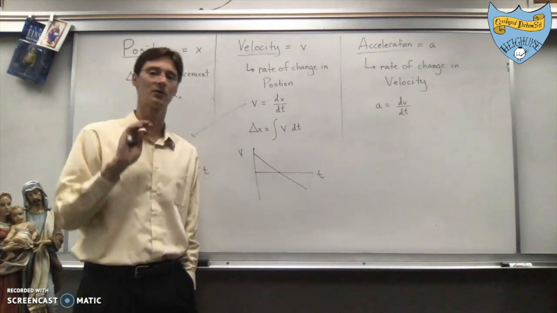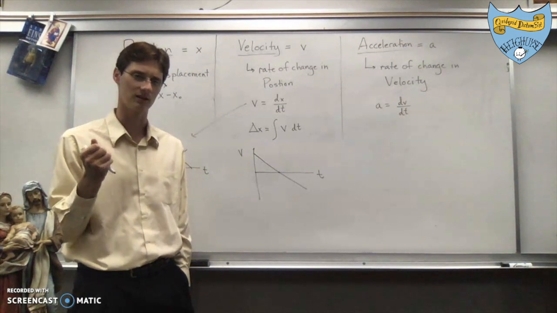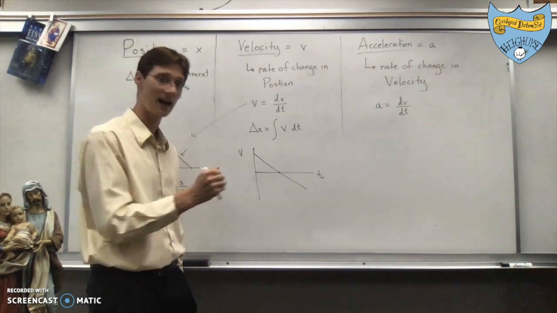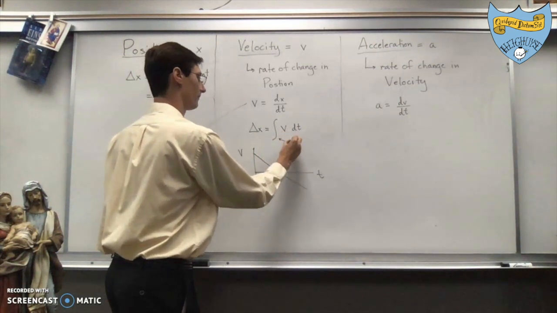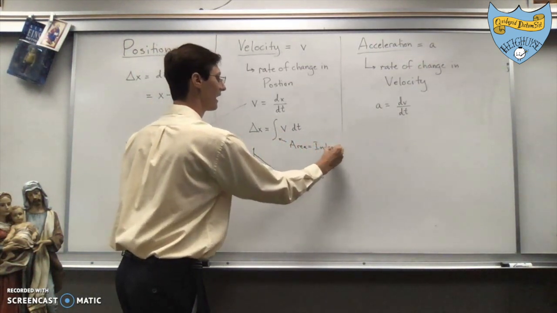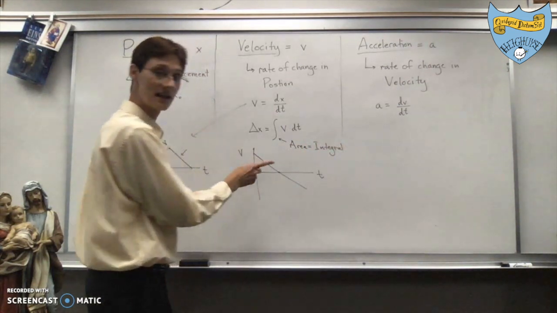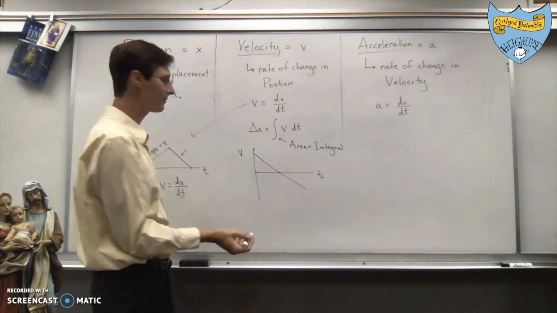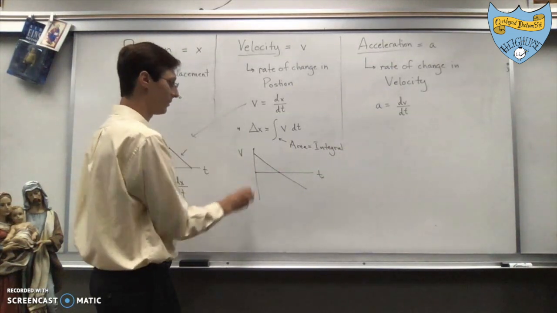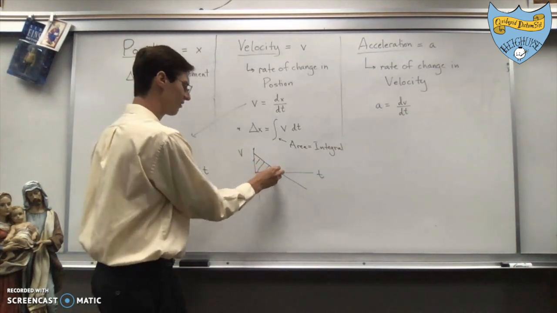Okay, again, back up to previous material, what was an integral? Geometrically speaking, an integral is an area. So if an integral is an area, and I ask how far the object has moved over some time interval, you would figure that out from this statement by finding the area of this triangle.